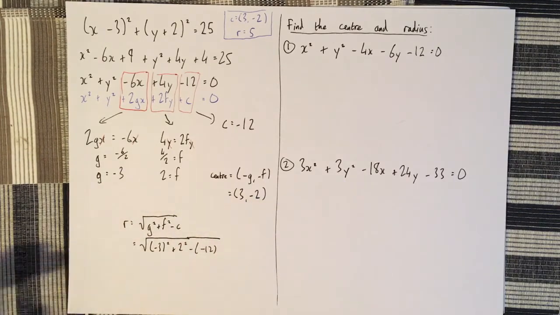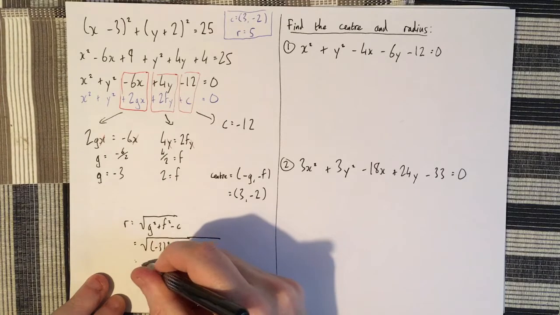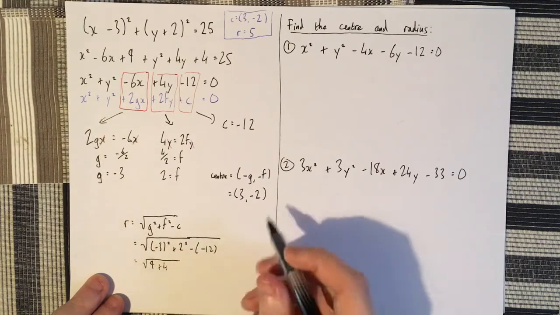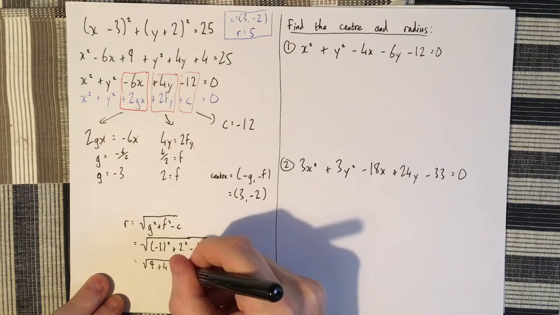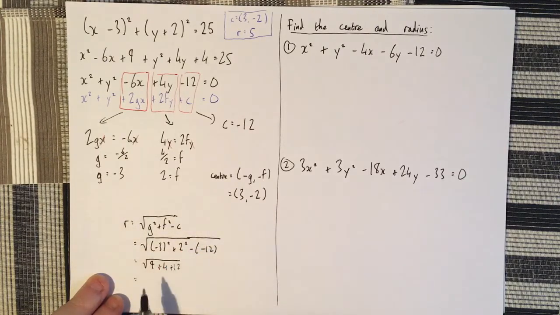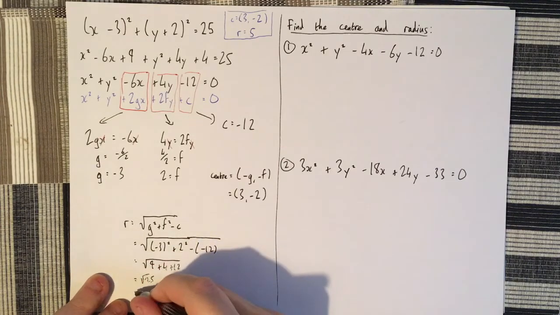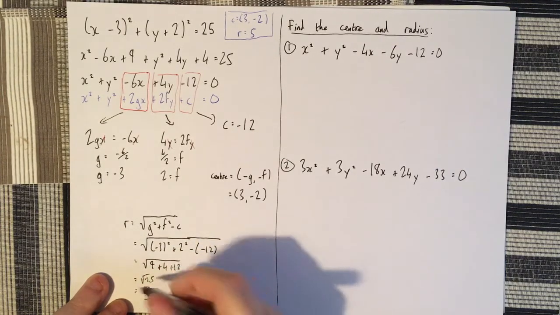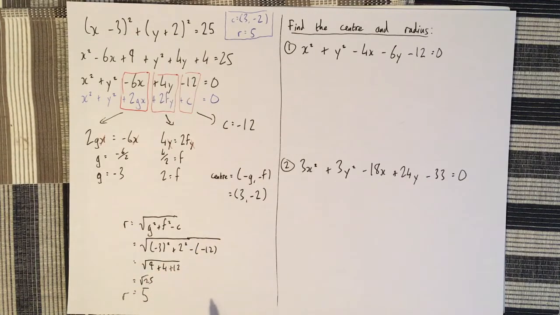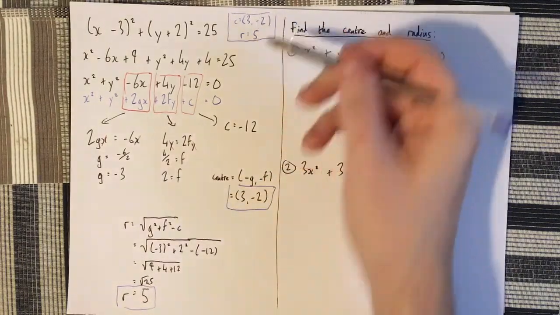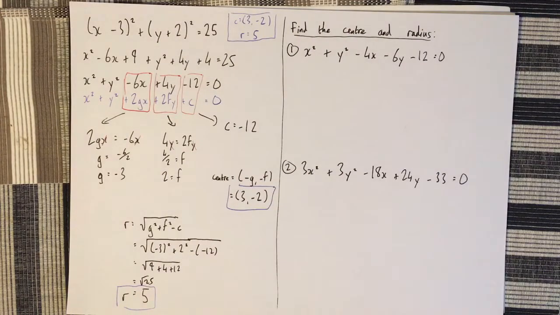You can just plug that into the calculator and get your answer, but just to do it step by step: minus 3 squared is 9, 2 squared is 4, minus 12 is plus 12, 13 and 12 is 25, so square root of 25, so my answer is equal to 5. All right, so there's my radius of 5 and my center of 3, minus 2. So I've got the same answers as I got up there, which is what I would expect.